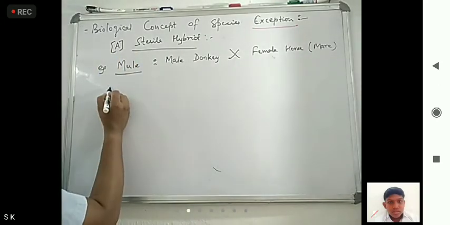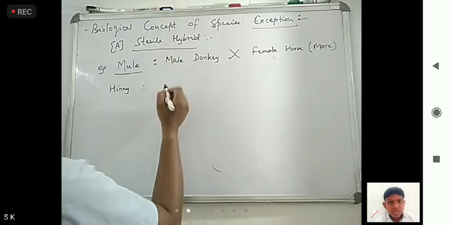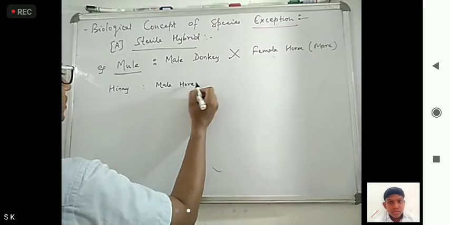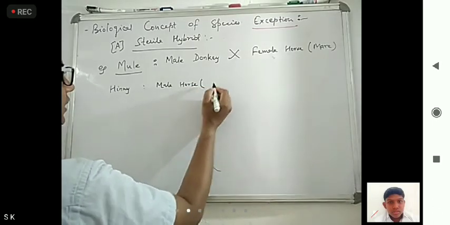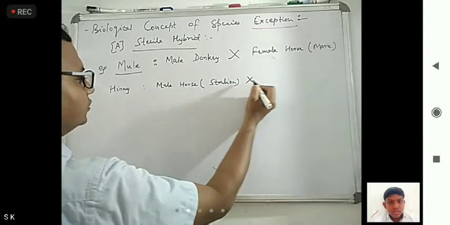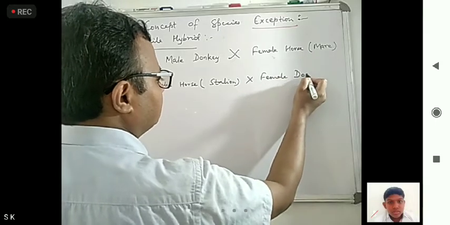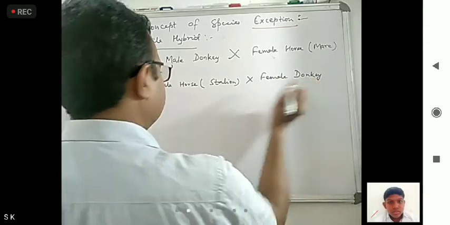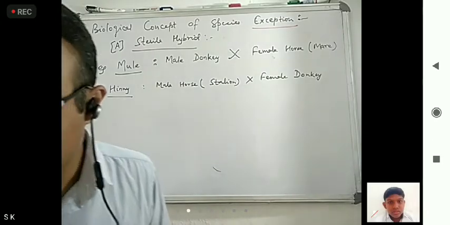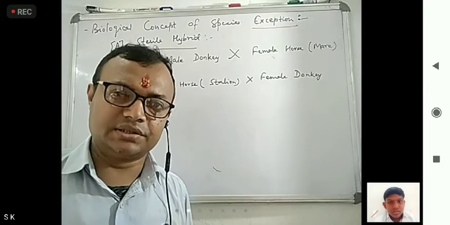Here it is just reversed. A male horse, also known as a stallion, crosses with a female donkey. So these are sterile hybrids.